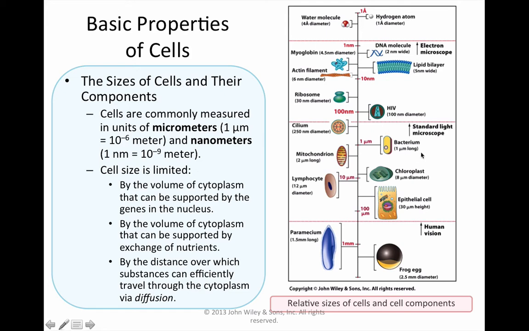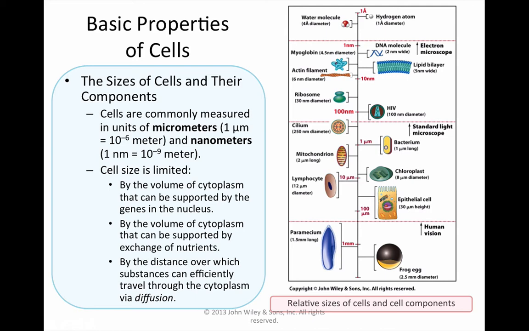You can see things like bacteria, mitochondria, chloroplasts, simple cells like lymphocytes and epithelial cells, so these eukaryotic cells we can also see. And with our human eye, we can see things like a paramecium and a frog's egg. So single-celled organisms, we're going to often need a light microscope, while multicellular organisms we can see with the naked eye.